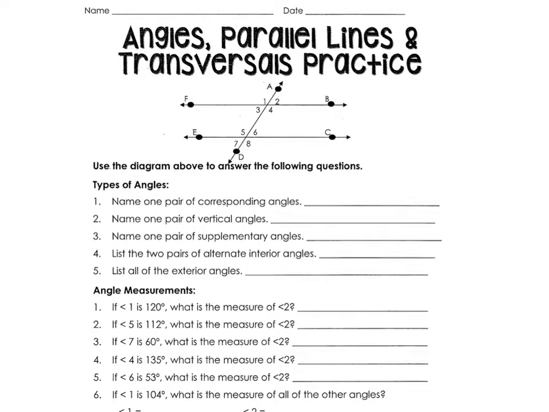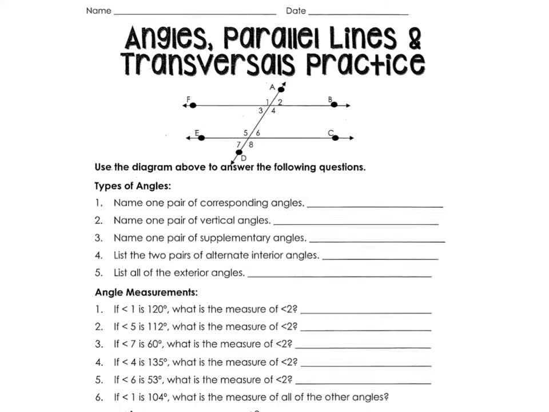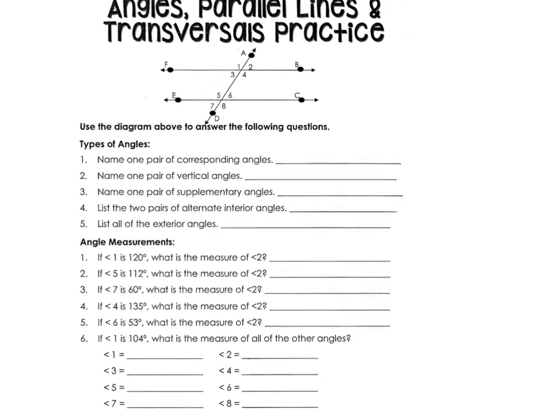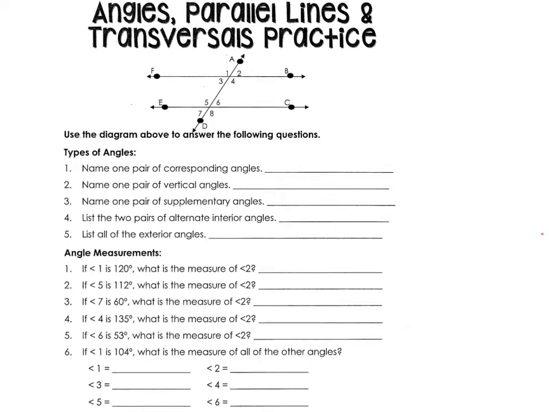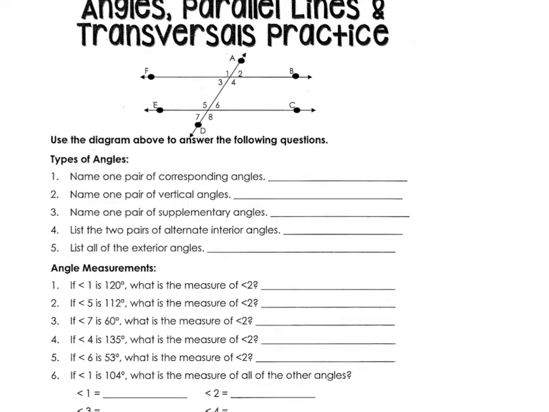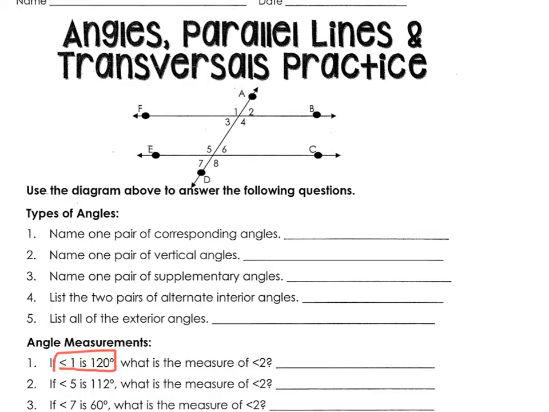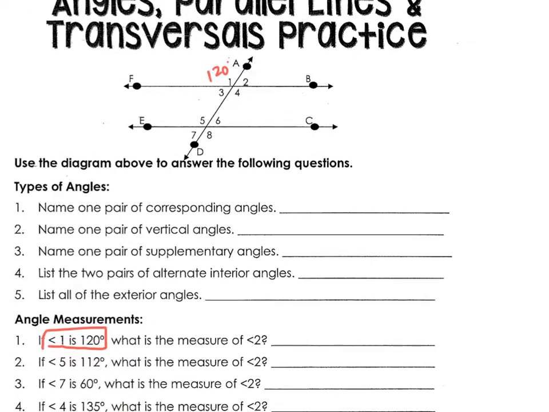So use the last page we looked at to label these. Angle measurements, I'll help you out a little bit. If angle 1 is 120 degrees, so look at angle 1, if that's 120, what is the measure of angle 2?